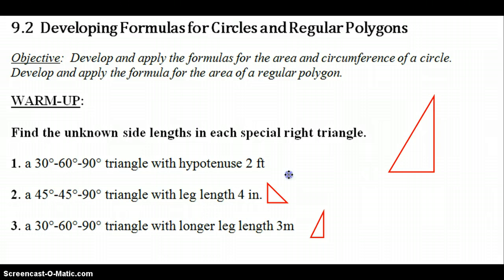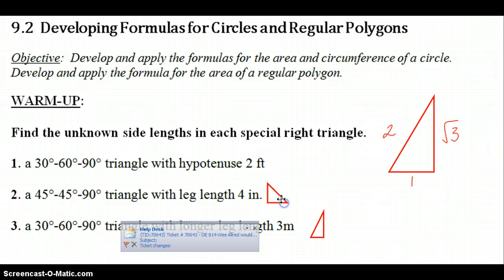Okay, so this is our 30, 60, 90 triangle. It says the hypotenuse is 2. If our hypotenuse is 2, remember that's twice as long as the shorter leg, so the shorter leg is 1. That means the longer leg is the shorter leg times root 3. So the other two measurements are 1 for the shorter leg and root 3 for the longer leg.